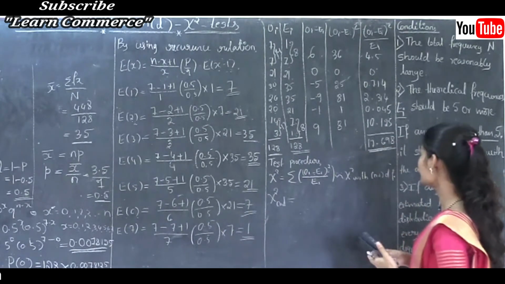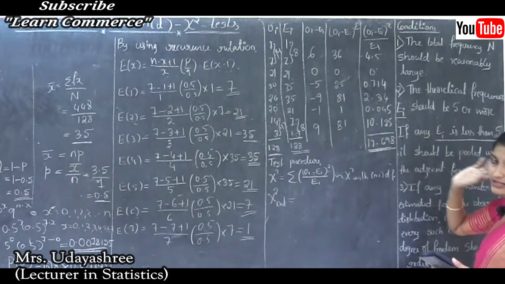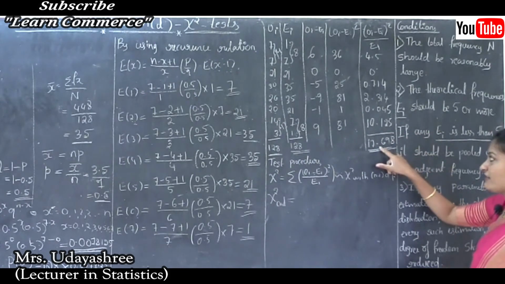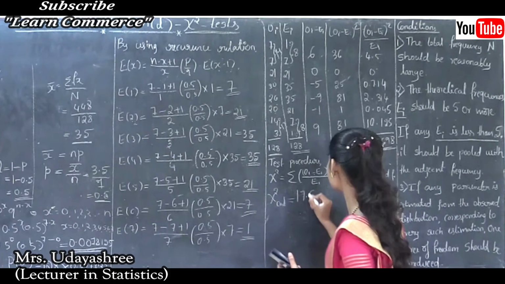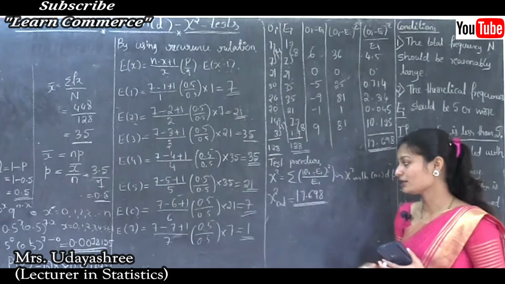Approximately we can write 17.7 also, that is no problem. So the calculated value is 17.698.